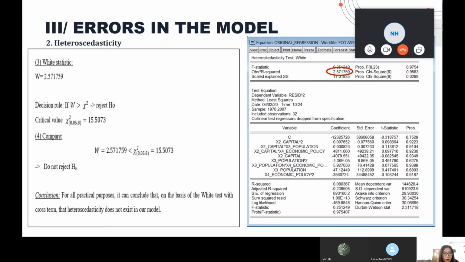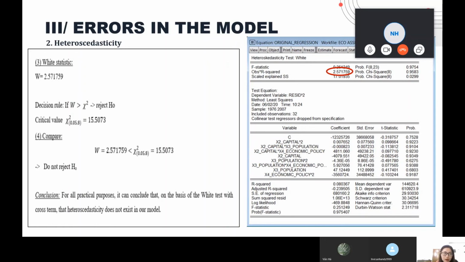We have a White statistic equal to 2.57179. The decision rule is that if the White statistic is larger than chi-squared, we reject H0. You can see the critical value is equal to 15.5073.